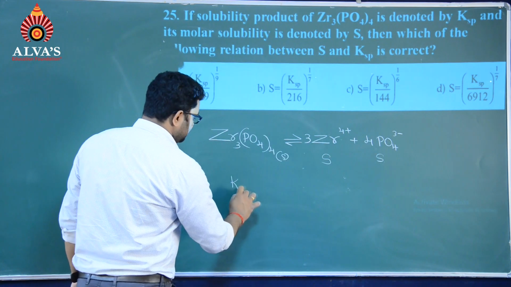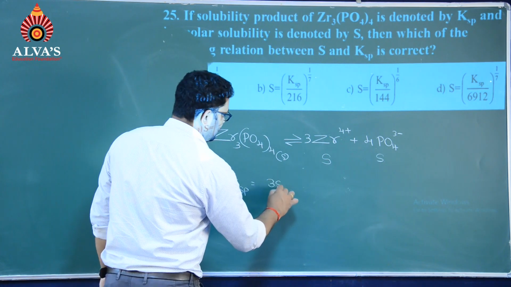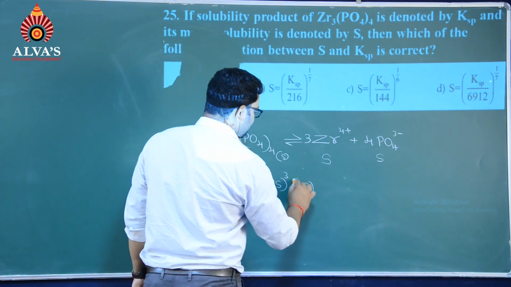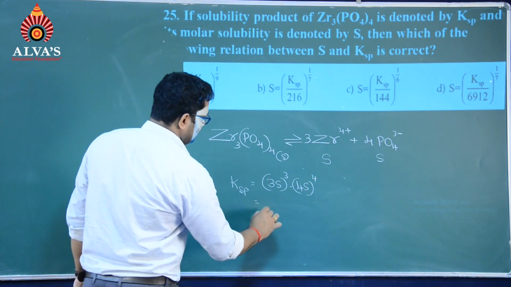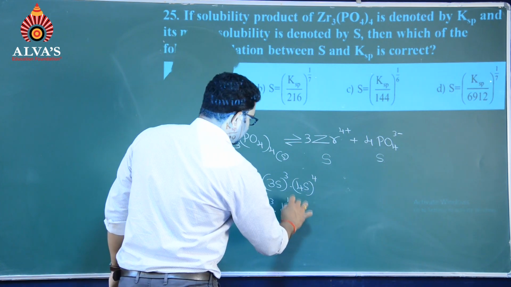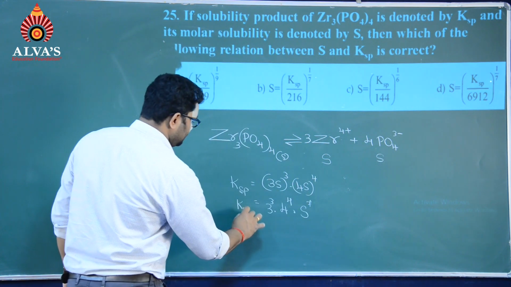Now, Ksp, the solubility product, can be written as 3S power 3 and 4S power 4. Now, 3 power 3 into 4 power 4 and S power 7, that is Ksp.